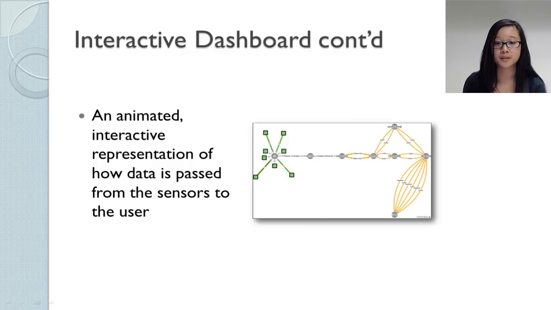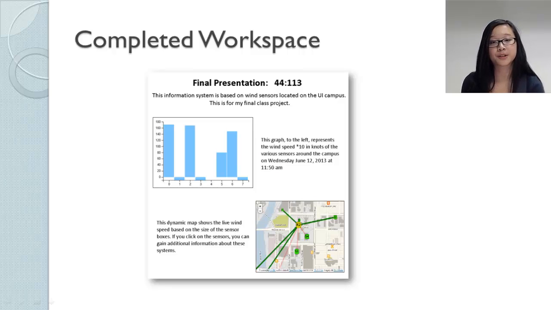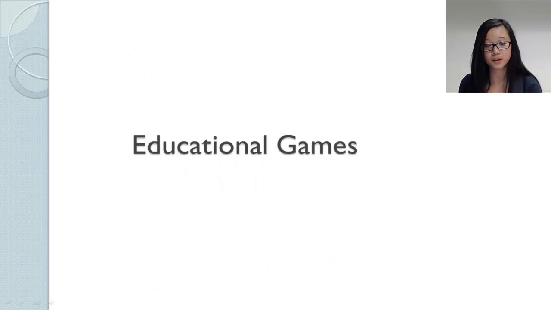So here's an example of a completed workspace. You can see the graph and the map. Both of these are interactive, so you can hover over the colors, for example, to see what you're hovering over, or you can even drag this map around to see various areas of the Iowa campus, for example.